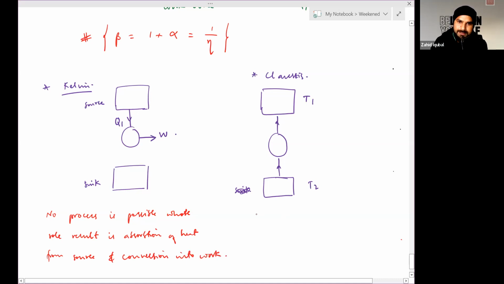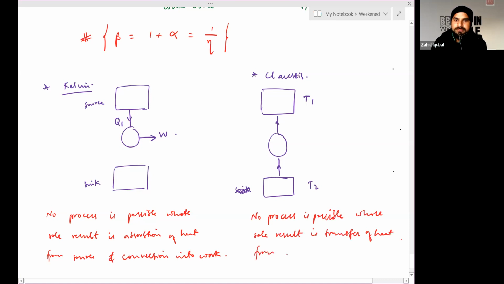In second part, you can say, no process is possible whose sole result is transfer of heat from lower temperature body to higher.